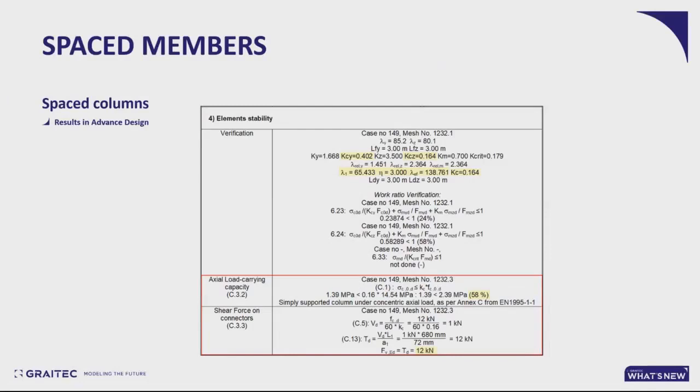So if we comment on these results, we can see that the detailed report gives us the buckling coefficients in each plane, with KCZ being dependent on the lambda1 slenderness, which is based on the distance between the connectors.